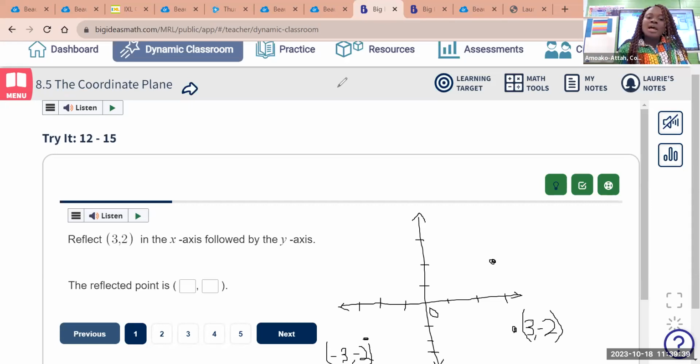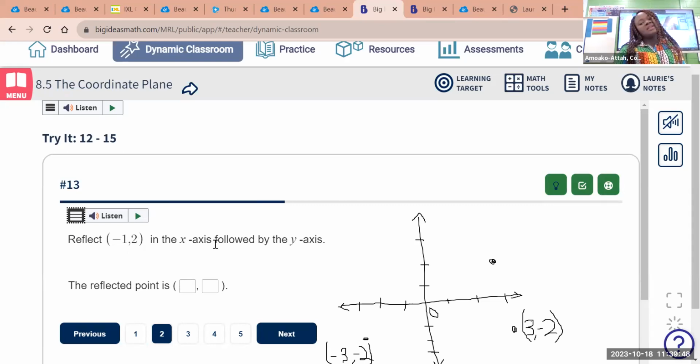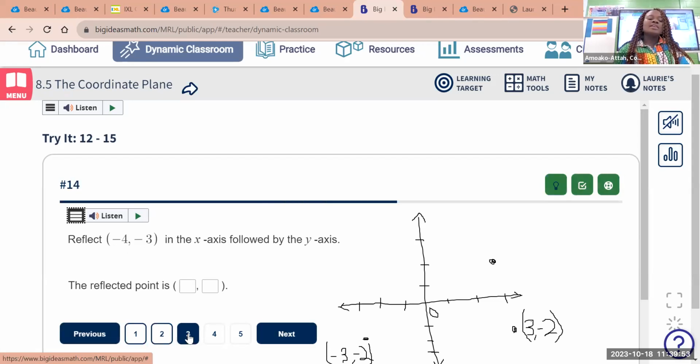Okay, so I'll leave this for you as an assignment. Reflect (-1, 2) in the x-axis, then follow it by the y-axis. Again, reflect (-4, -3) in the x-axis, and follow it by the y-axis.